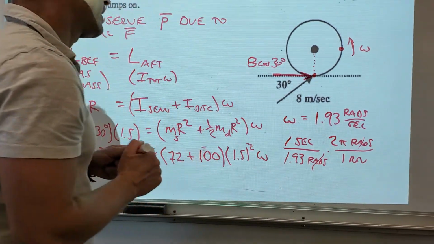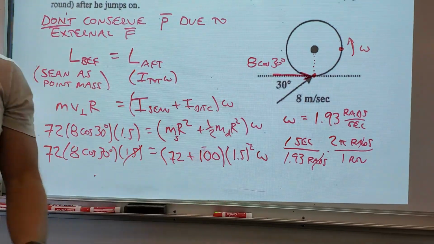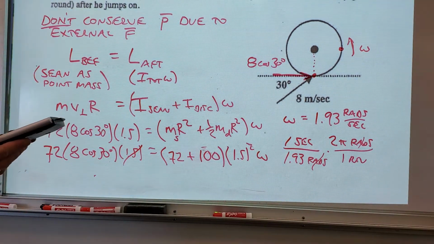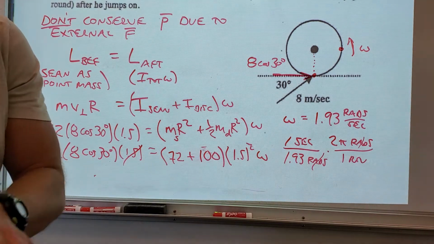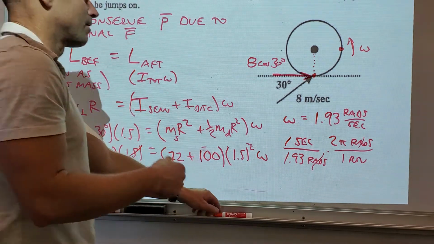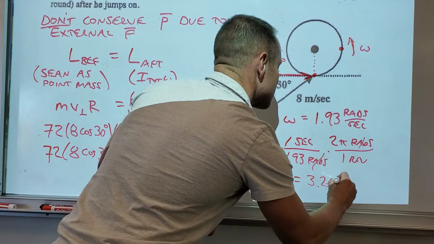I've got to go 2 pi divided by 1.93, and that'll be how many seconds it takes to go around. So 2 pi divided by 1.93 looks like 3.26 seconds per rev.